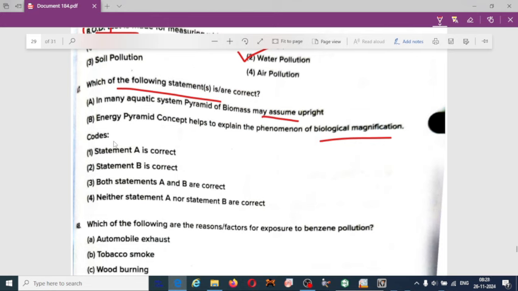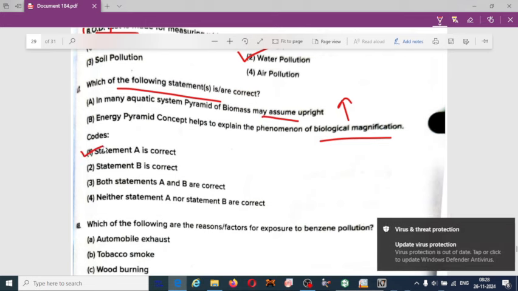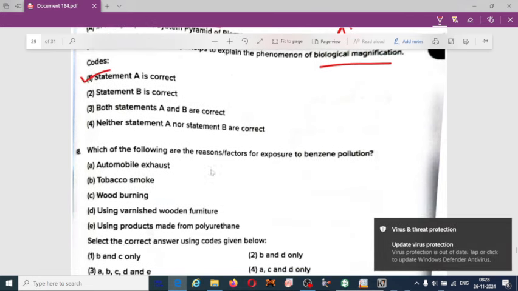So the first option, in many aquatic systems, pyramid of biomass may assume upright. So that is quite correct. Energy pyramid concept helps to explain phenomena of biological magnification, which is not correct. So here option 1 we can say is the correct option.